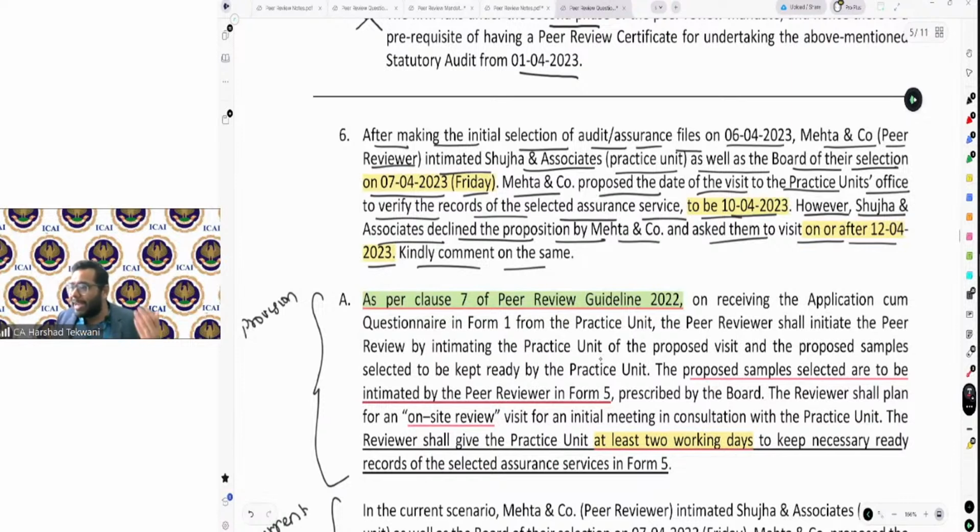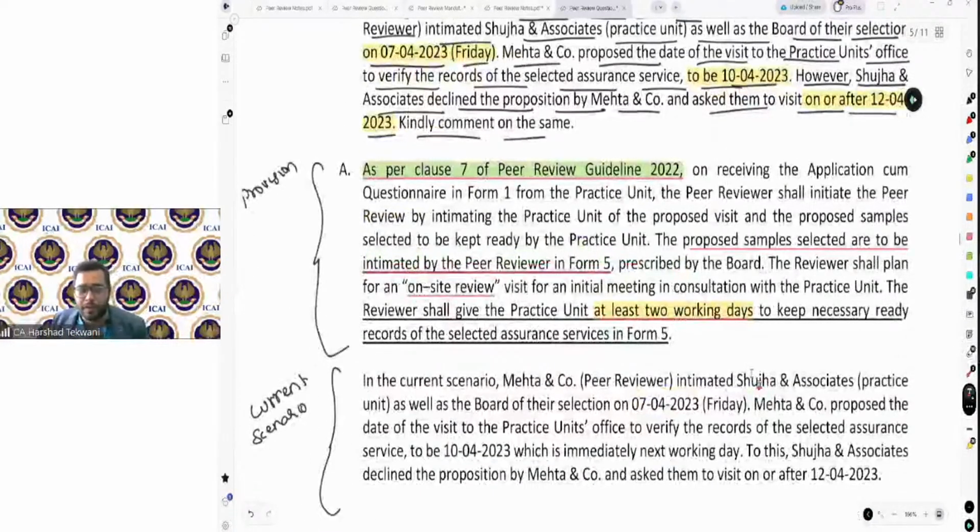Now, some students might confuse the 2 working days with 2 days. So when you are writing the answer, keep focus on the things which are critical to that answer. I do not wish to write unnecessary details, the whole procedure which is prescribed in clause 7. The relevant thing is required to be written, but that should be correct. I cannot write at least 2 days. I need to write at least 2 working days. Or sometimes, some students try to change the wording.